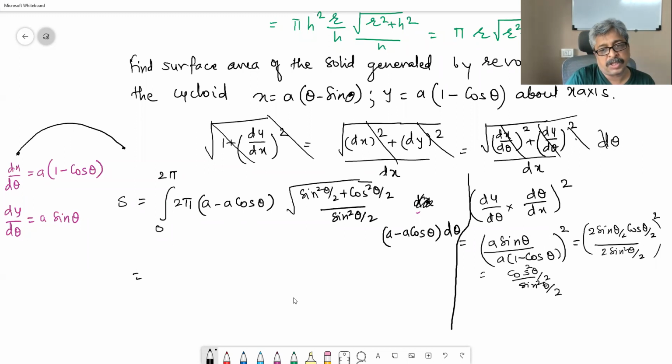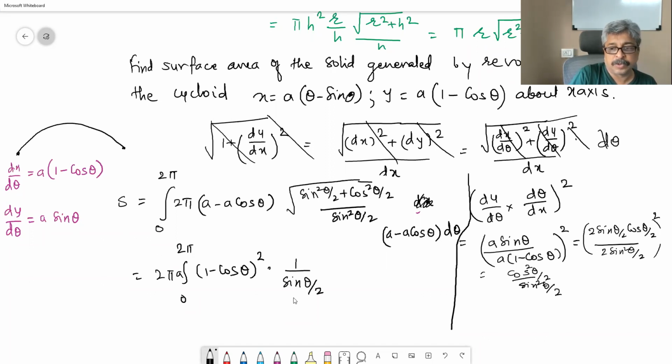This is 1 upon sin square, so 2 pi integral 0 to 2 pi a into 1 minus cos theta bracket square, this into this into 1 upon sin theta by 2 d theta, which makes it 2 pi a integral 0 to 2 pi. This is 2 sin square theta by 2 bracket square.